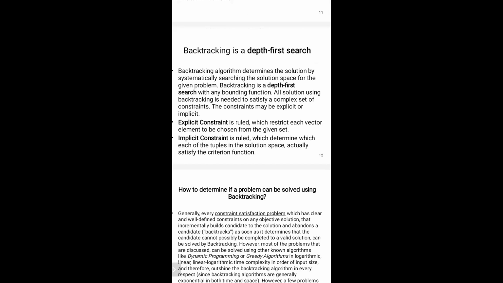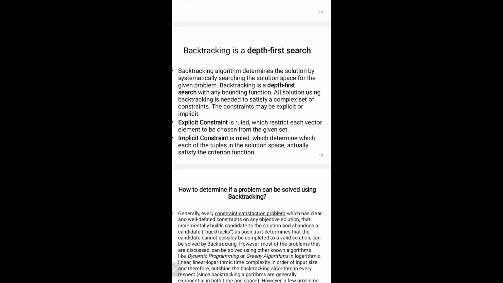So an explicit constraint is a rule which restricts each vector element to be chosen from a given set. Whereas an implicit constraint is a rule which determines which of the tuples in the solution space actually satisfy the criterion function.